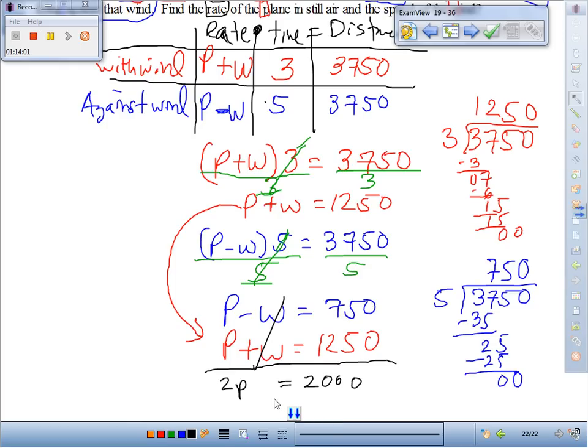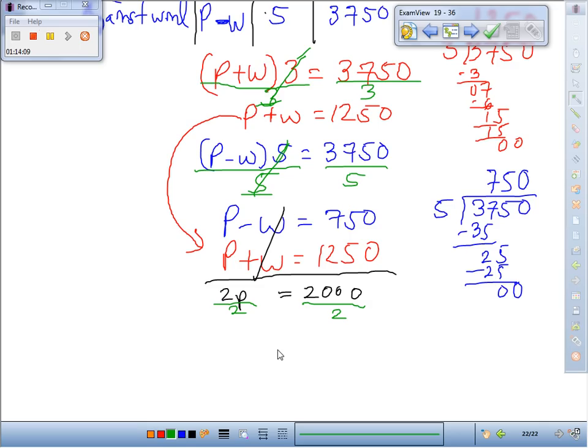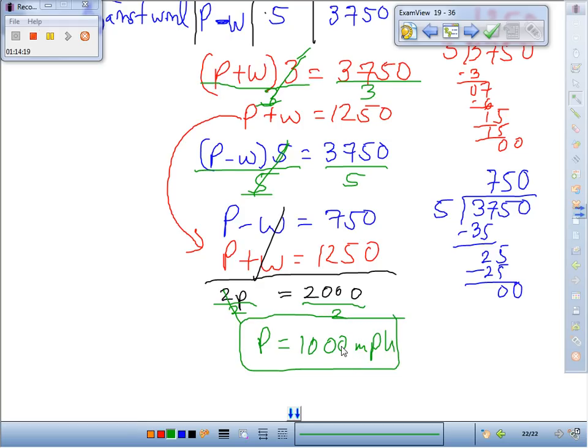Is that correct? And what is our last step? Divide by 2, divide by 2. So the plane speed was how much? 1,000 miles per hour? Wow. Man, that's pretty fast.